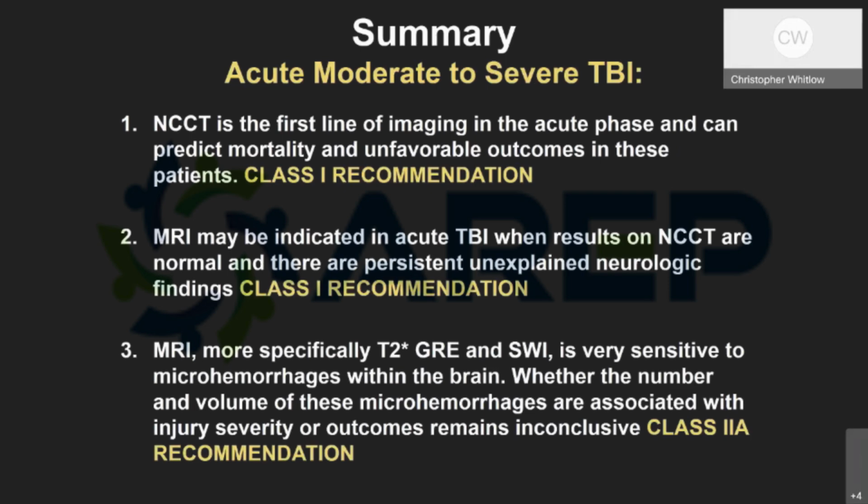That's also a class 1 recommendation. And MRI, more specifically T2 star gradient and susceptibility weighted imaging, is very sensitive to microhemorrhages within the brain. However, whether the number and volume of these microhemorrhages are associated with injury severity or outcomes remains inconclusive. So that's a class 2A recommendation.